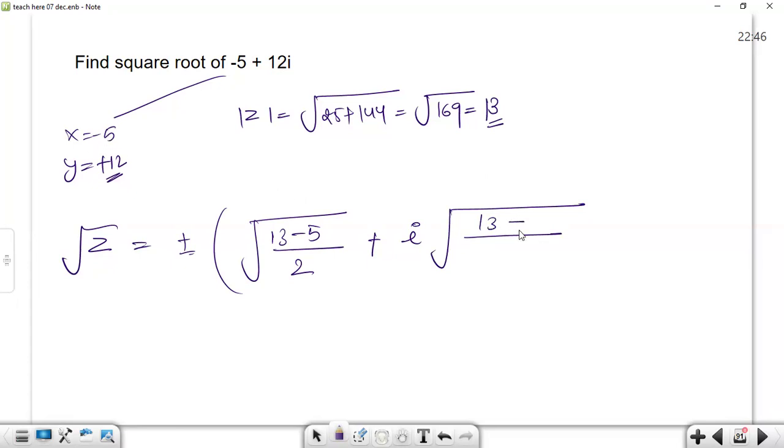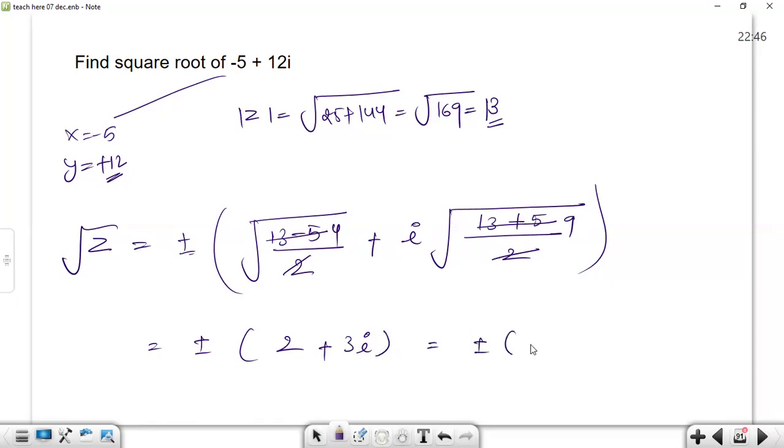Minus 5, so minus minus plus, divided by 2. This becomes 13 minus 5 is 8. So 8 by 2 becomes 4. Square root of 4 is 2. Plus iota, 13 plus 5 becomes 18, and 18 by 2 becomes 9. So this becomes 3. So plus minus 2 plus 3 iota is our answer.